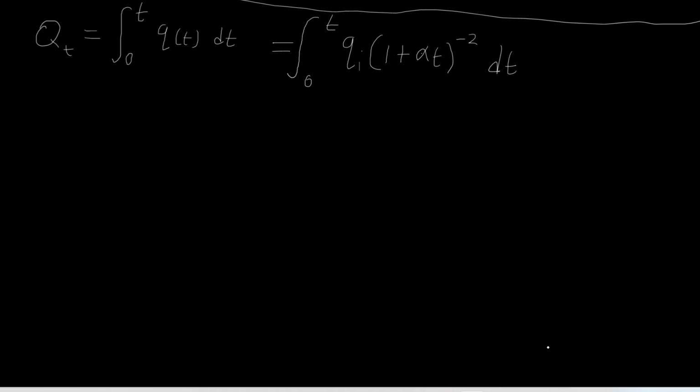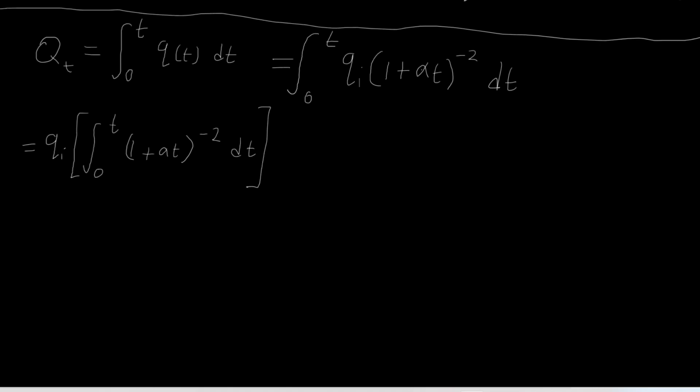Okay, now qi is a constant. We can take that outside and we have qi now affecting everything, integral from 0 to t of 1 plus alpha t raised to power minus 2 dt.